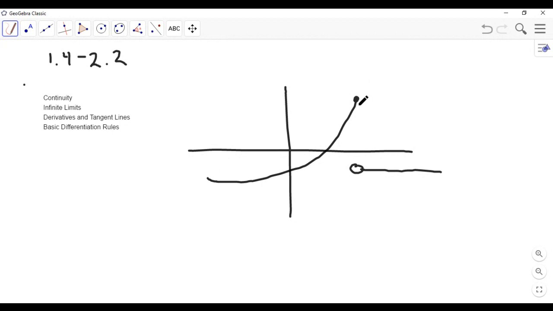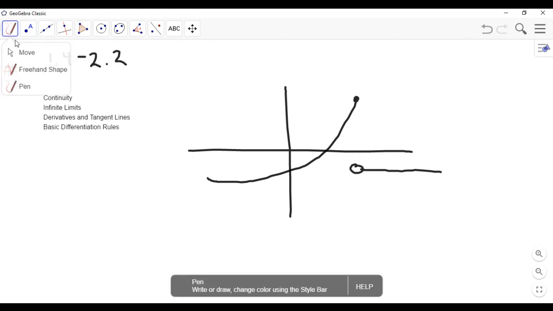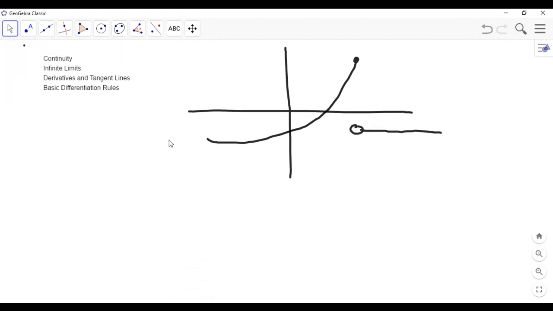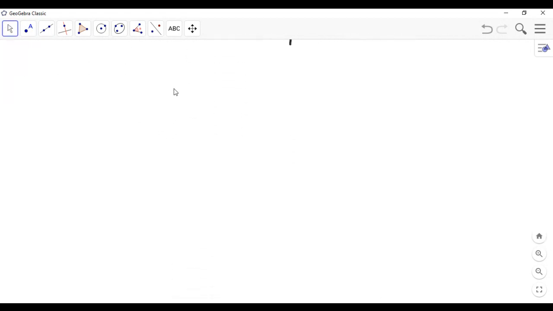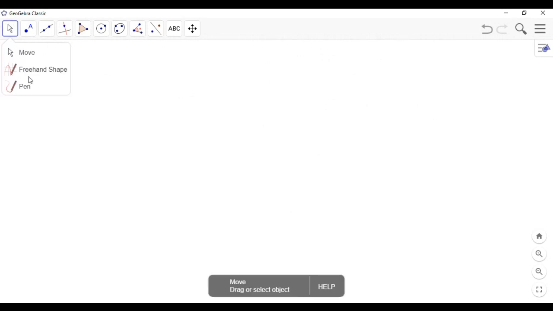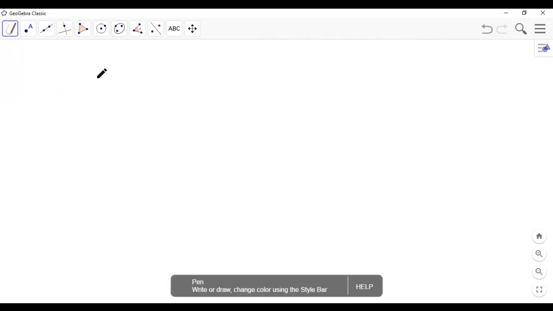So f of x is technically defined at this point where there's a jump discontinuity. So we need a little more to define what continuity is. So let's go over a quick definition of continuity. And to do that, we're going to use limits.